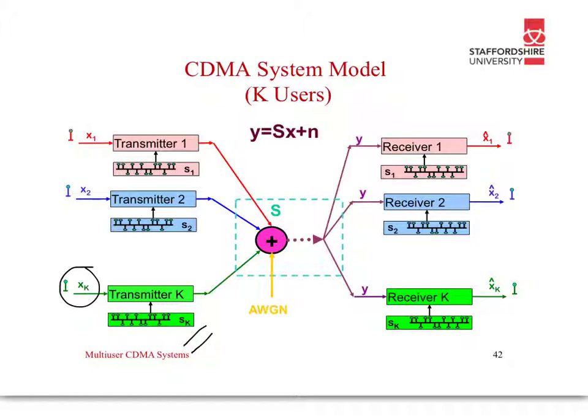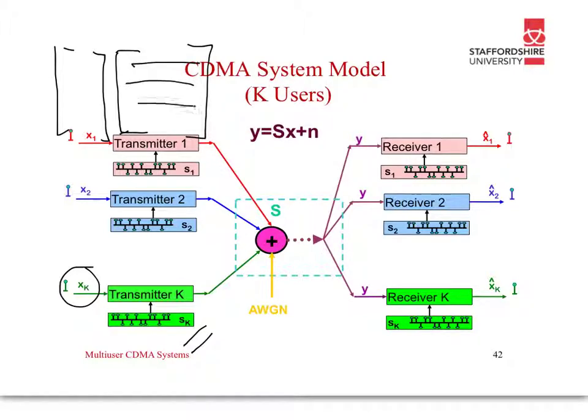So we represent X as a one-dimensional matrix, and S is a two-dimensional matrix. So if this is rows and columns, then this would be X, this would be S, and then we're adding noise to every single row and element in this matrix.